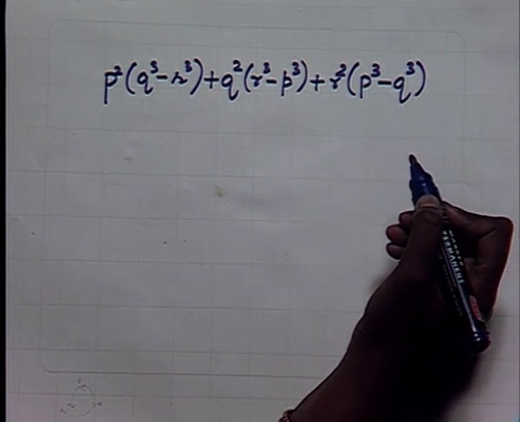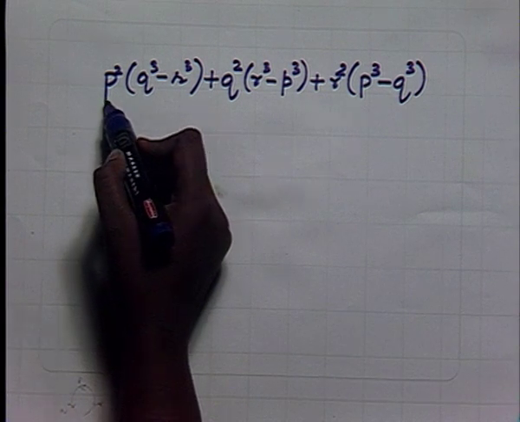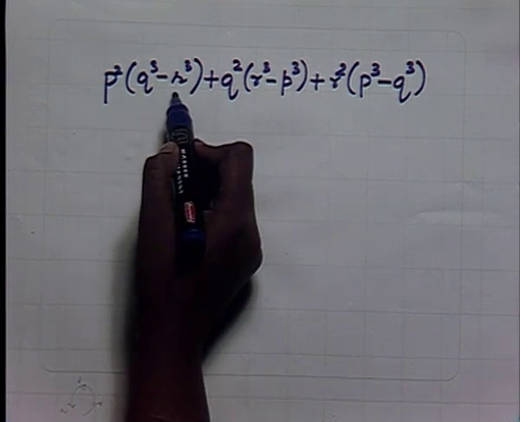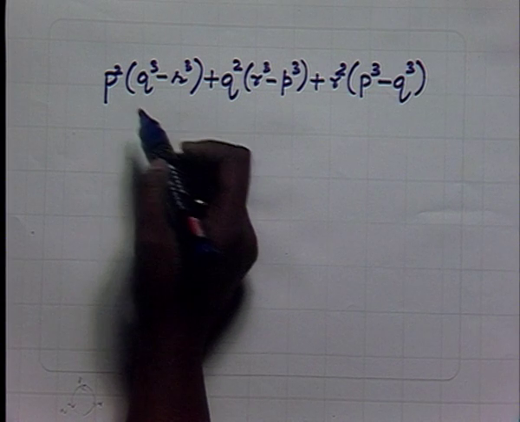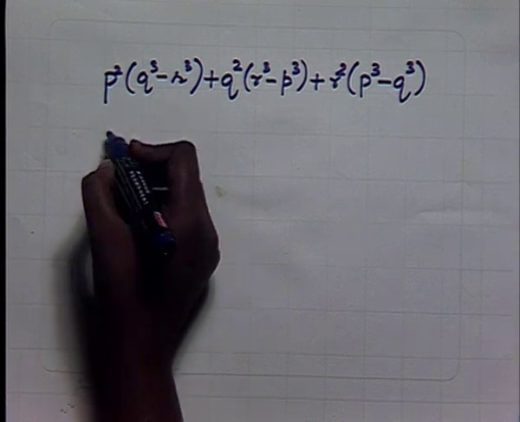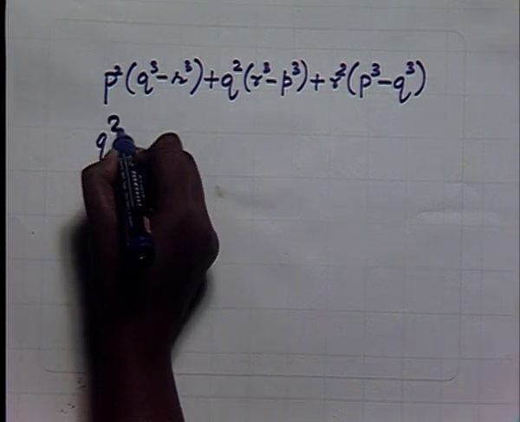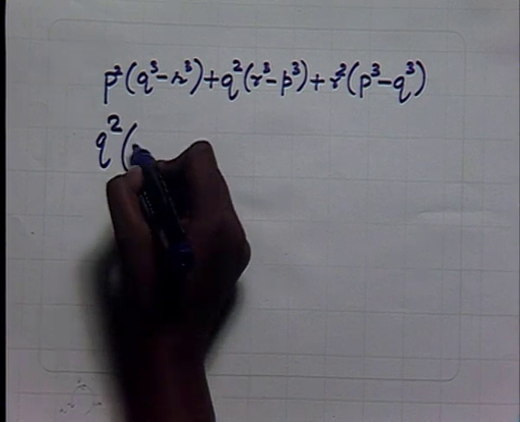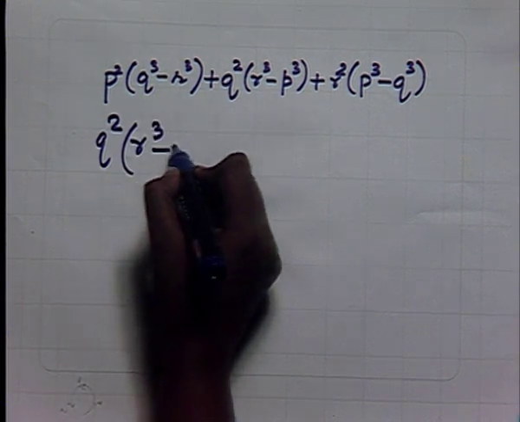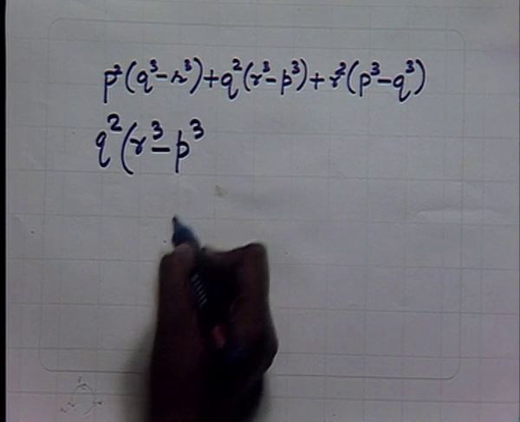Let us see again what happens if we replace in this expression p by q, q by r and r by p. The first expression becomes q square into r cube minus p cube.